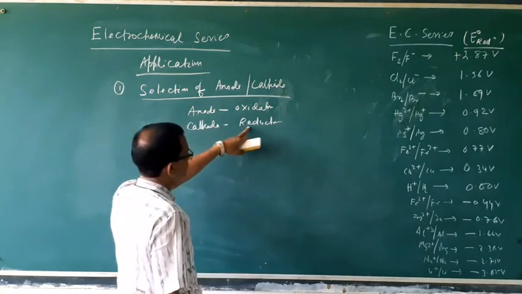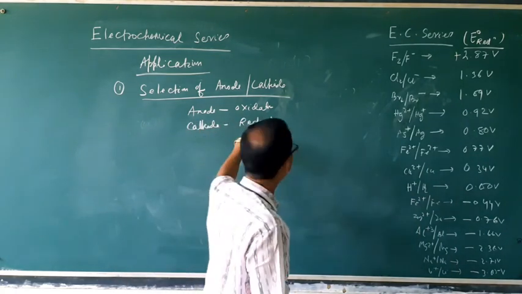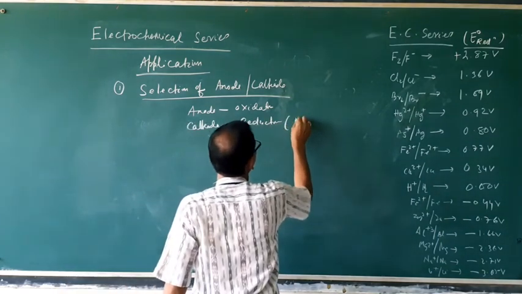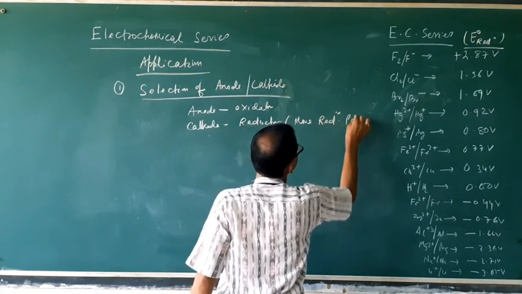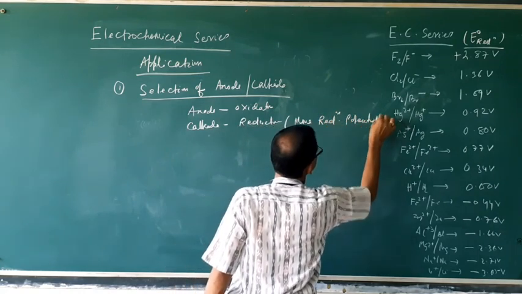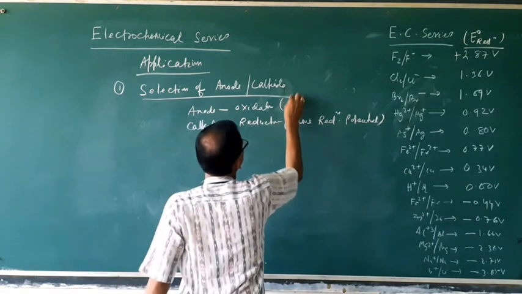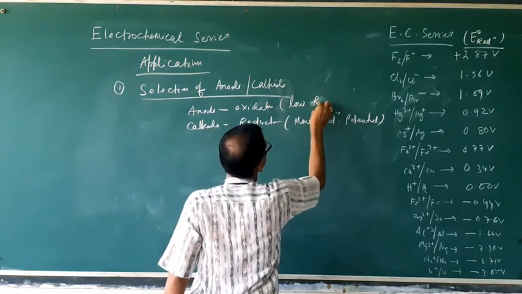So, as reduction takes place at the cathode, the cathode should have high reduction potential. Cathode means more reduction potential. Anode means oxidation, so low reduction potential.